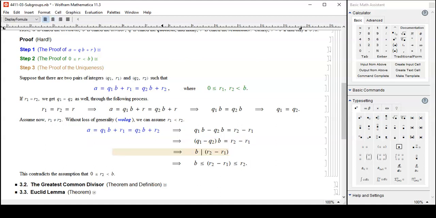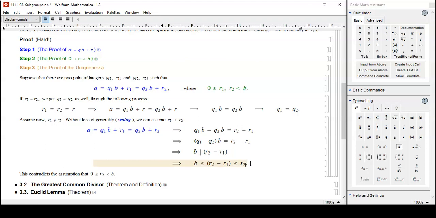Is that a problem? Yes, because both are positive integers, and B times some positive integer is R2 minus R1, and the smallest possible positive integer is 1. And then if you have 2, 3, 4, and so on, then R2 minus R1 will be bigger. So at worst, they're the same or bigger, so B is less than or equal to R2 minus R1.